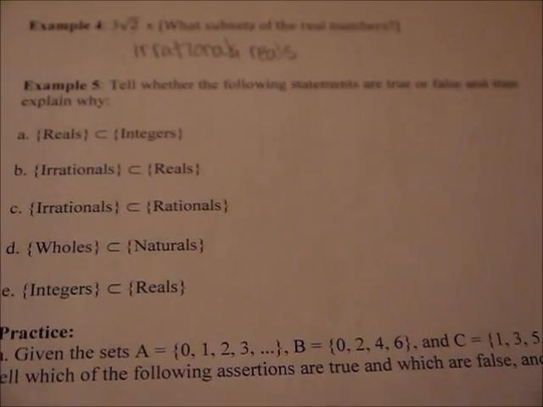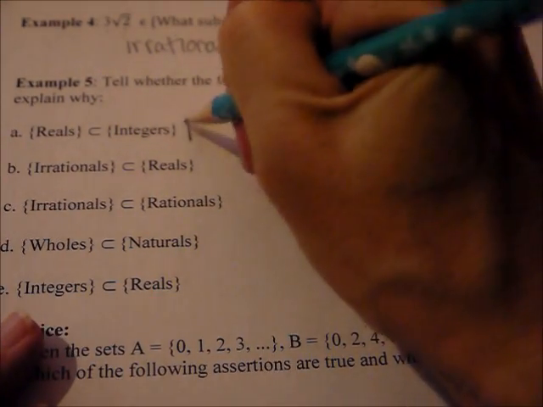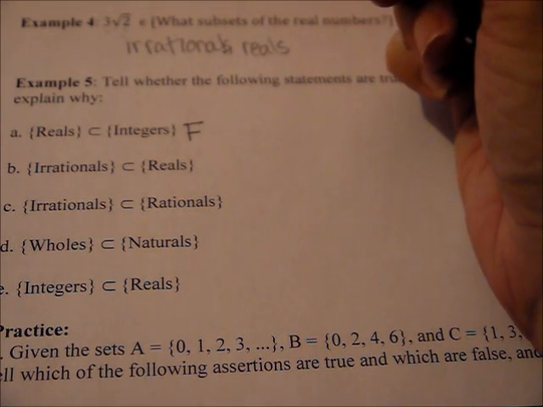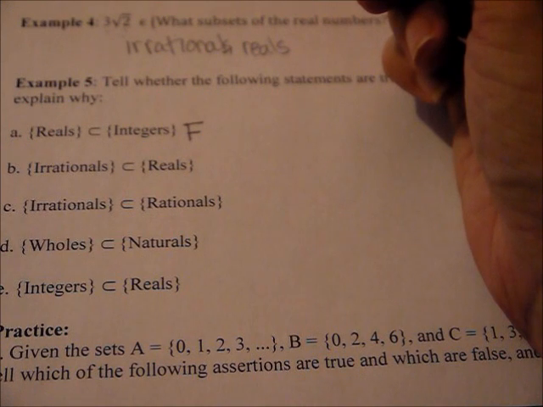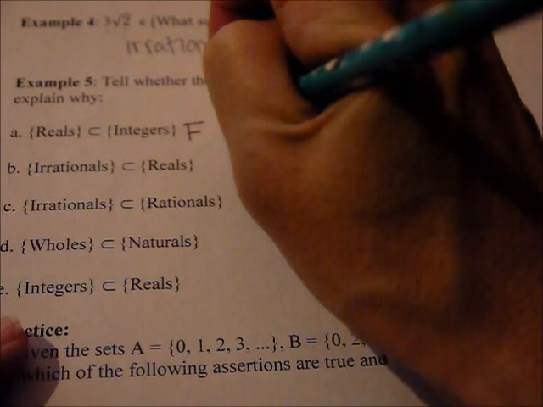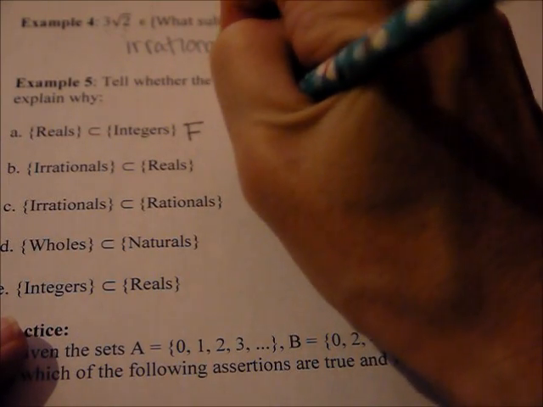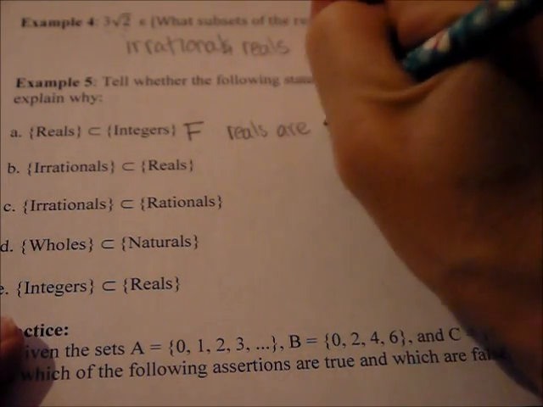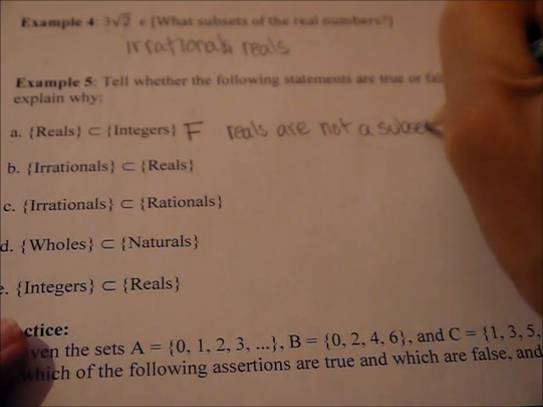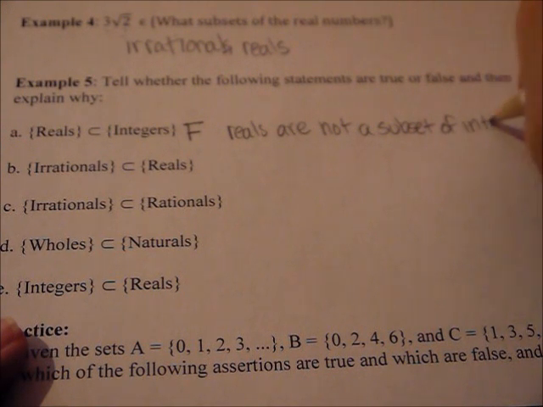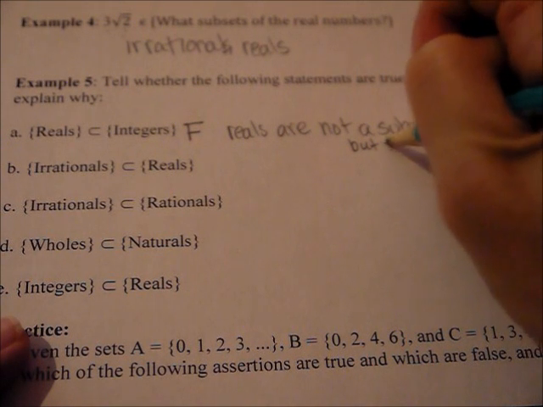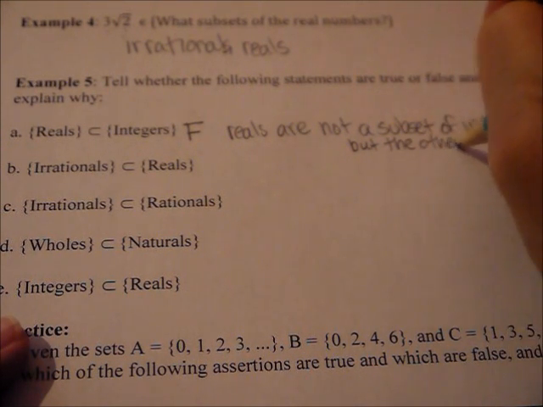So we're going to say false. You just write false or F. And the reason for that is reals are not a subset of integers, but the other way around.